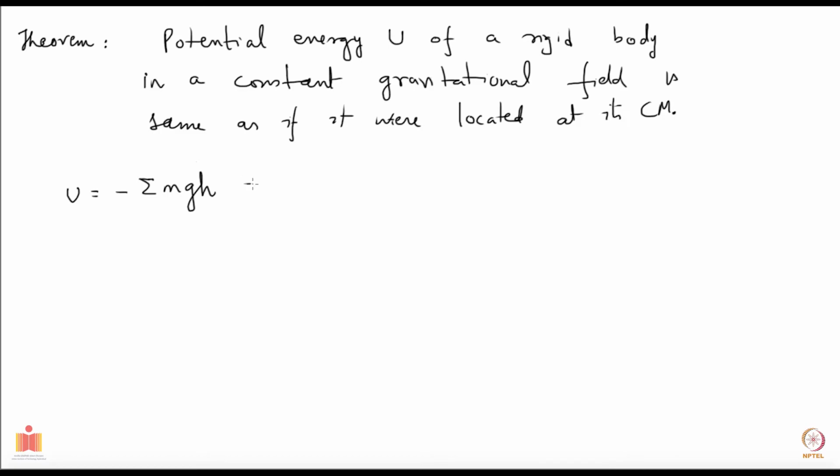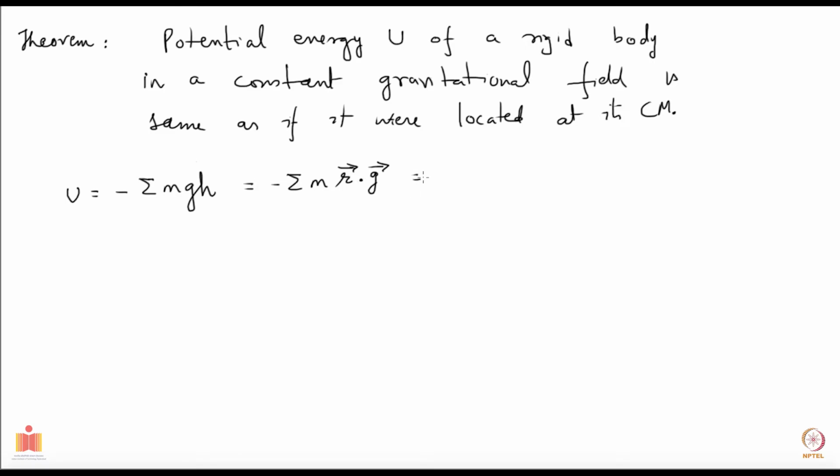That is minus the sum over all the particles, where r is the vector which tells where the particle is, and all you have to do is take a dot product in the direction of g. So you're looking at the component along the direction of g, which will give you the h times g. So these two are the same.